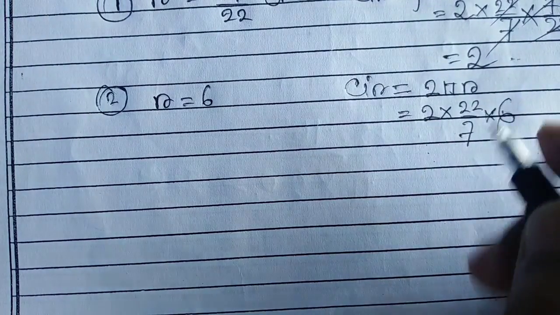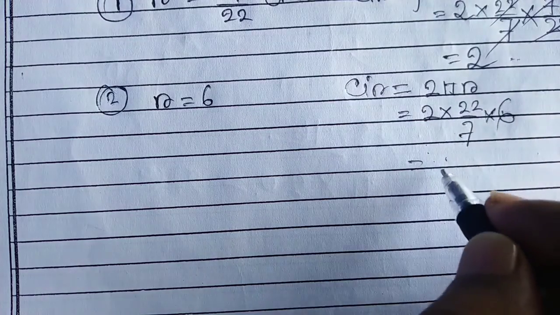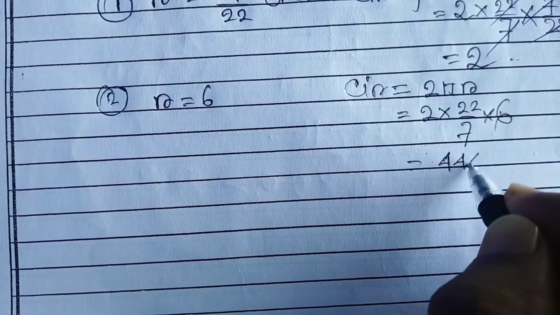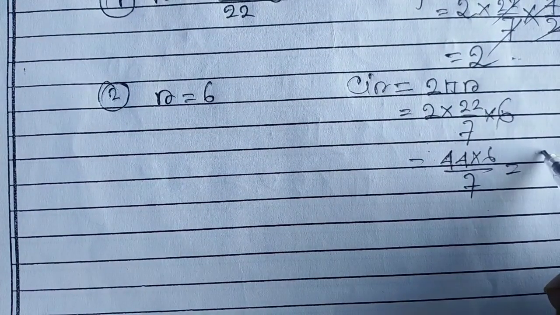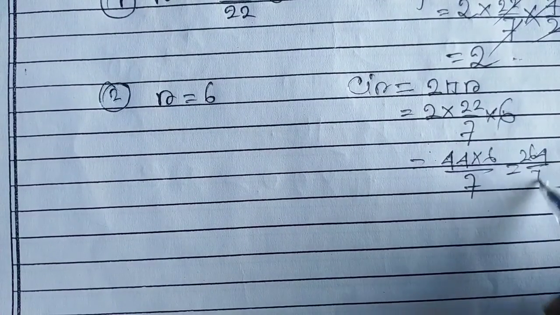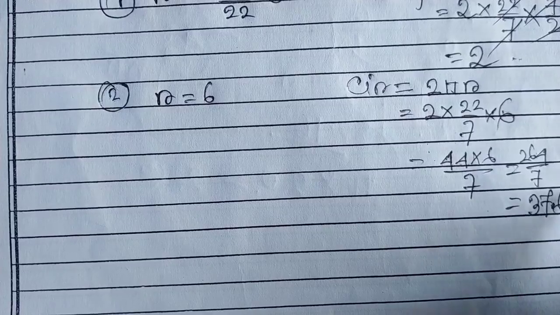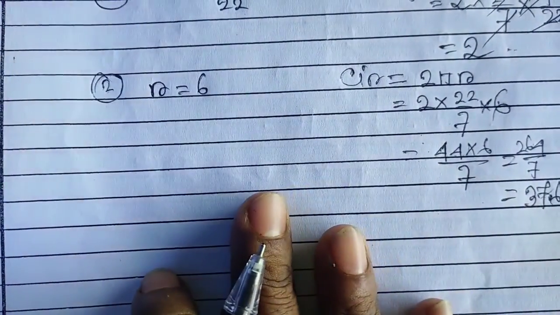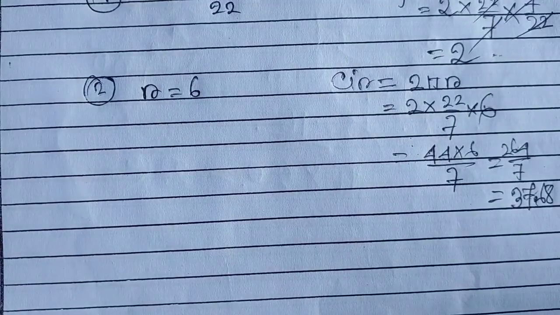So it will be 2 into 22, that means 44. 44 into 6 by 7, that means 4 6s are 24, carry 2, 4 6s are 26, by 7, that means it will be 37.68. This is our answer.